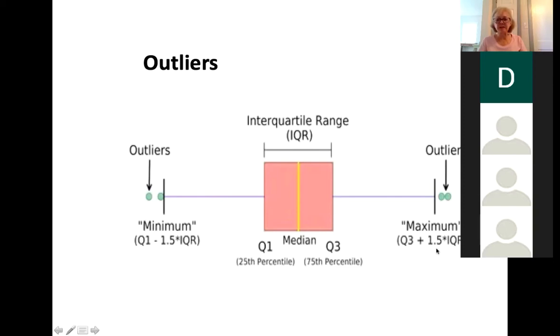On the other hand, on the upside, you take Q3 and you add 1.5 times the width of the box, and there's an imaginary upper fence. If you're bigger than that upper fence, you're an outlier. So we've got a rule that says it's not a wishy-washy thing. There are fences. Below this fence, above this fence, you're an outlier.